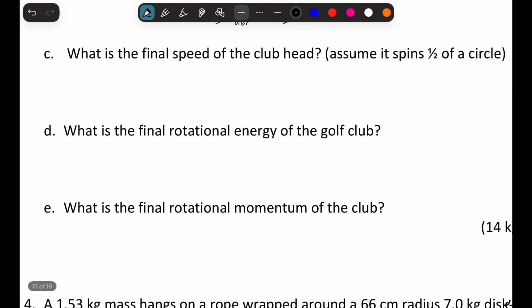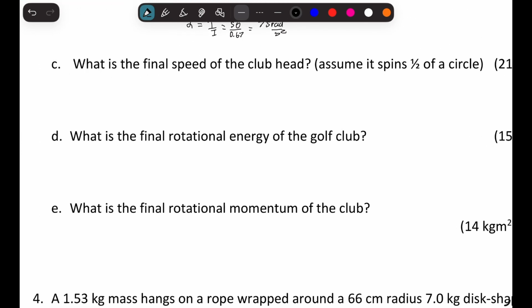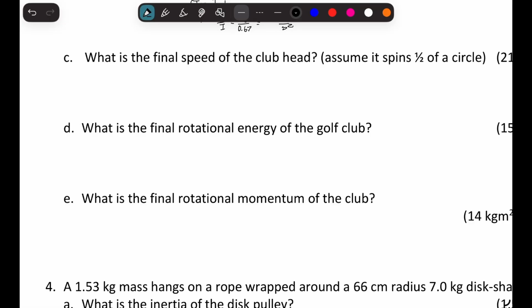Find what is the final speed of the club head. Assume that it spins 1/2 of the circle. So we know it's 1/2 of a revolution, but it has to be in terms of theta, and we know theta is going to be equal to pi rad. Then we can use the kinematics equation: omega final squared is equal to omega initial squared plus 2 times angular acceleration times theta.